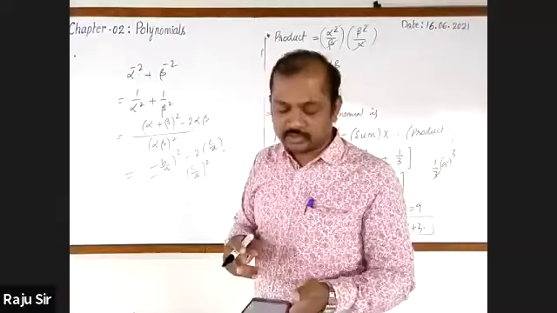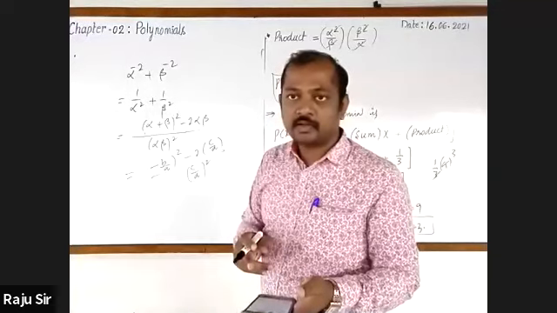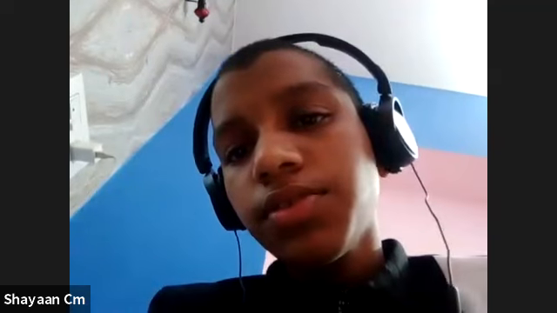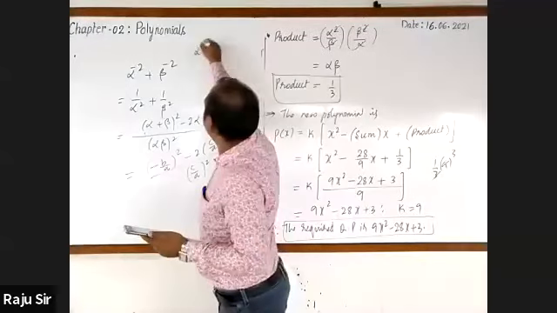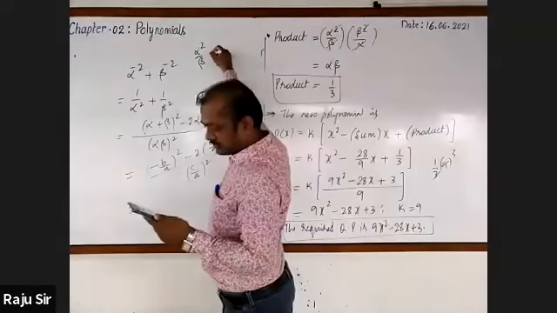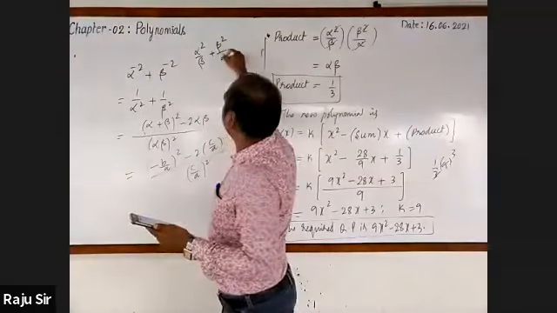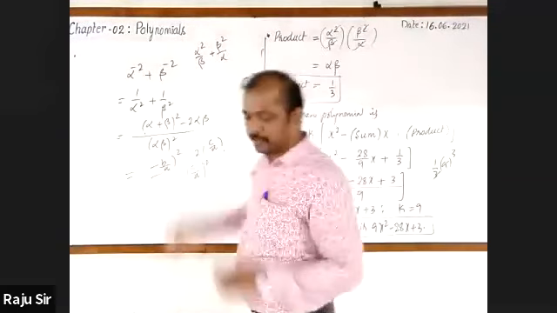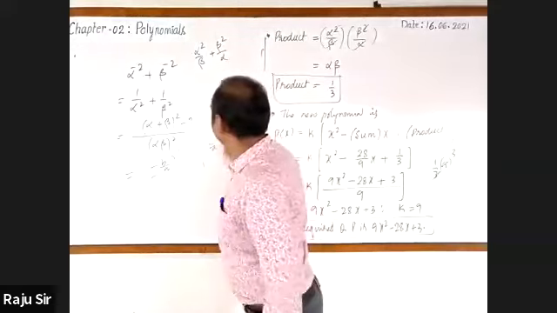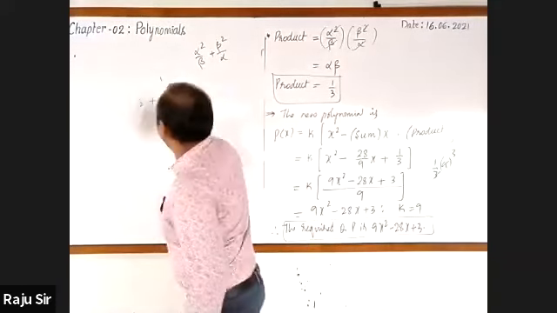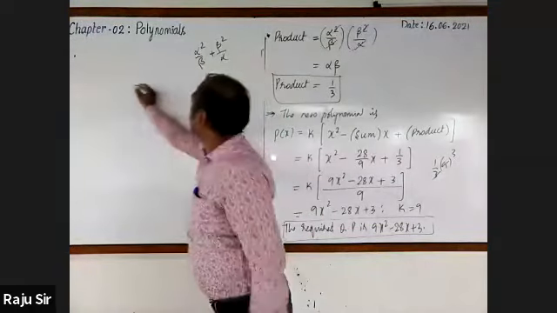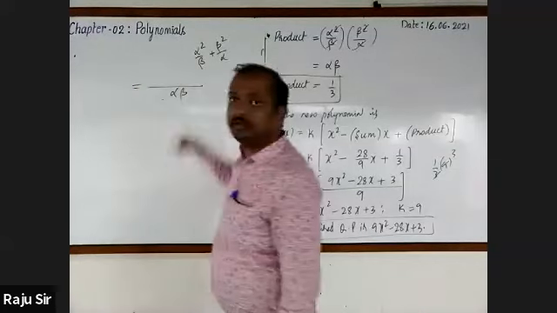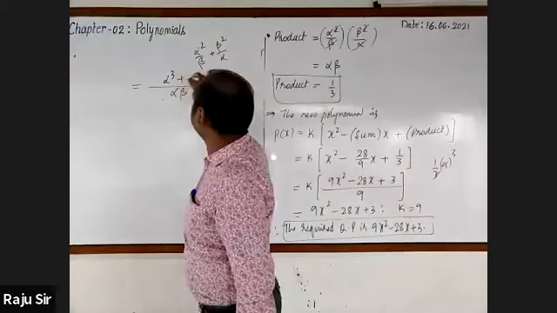Second one, is there any doubt? Yes, sir. Then just observe here. It is alpha square by beta plus beta square by alpha. Same type. It should be simplified. You'll get LCM as alpha beta, then alpha cube plus beta cube.